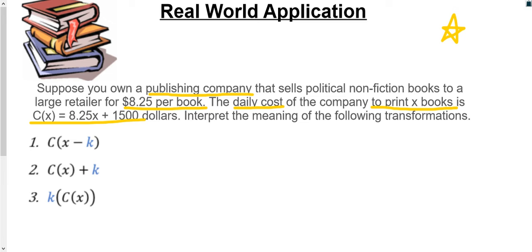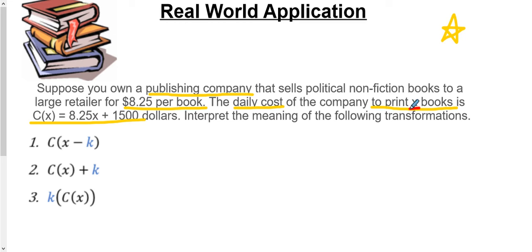So in this problem, we have a publishing company that's selling books to a large retailer for $8.25 a book. And it's telling us that the daily cost of the company to print X books is C of X is $8.25X plus $1,500. And we did talk about that a little bit, but I want to break this down a little bit. So the main things that I see, and I know we talked about in class, is we are printing X number of books.